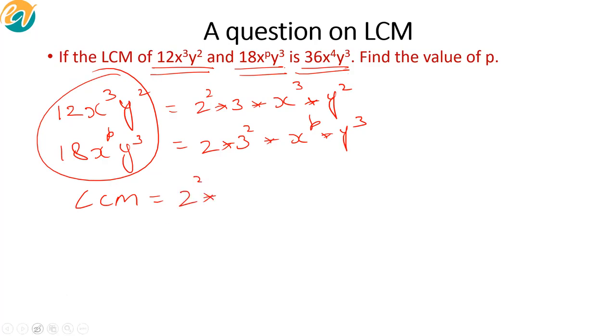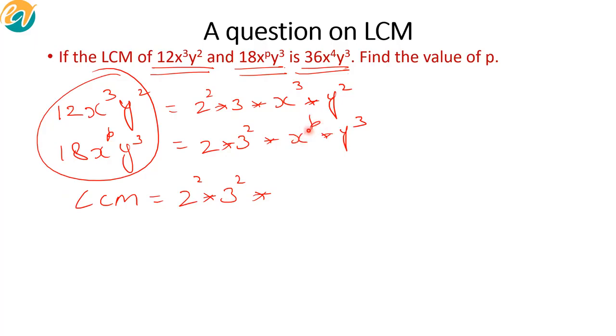Next we come on to 3. This has only 3, which is 3 raised to the power of 1, while this has 3 square. So the highest power of 3 is obviously 3 square. So you put 3 square over here. Next we come on to x. Now x is x cube here, and this is x raised to the power of p here.